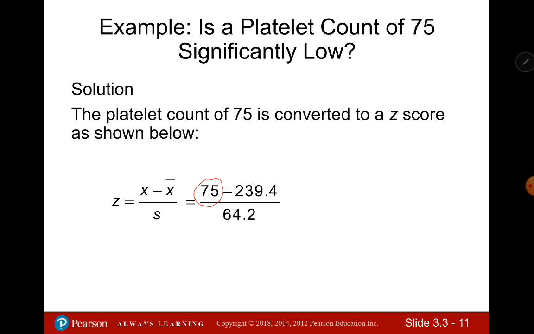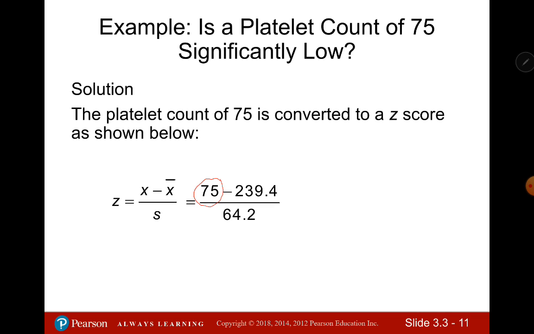Then minus the mean value, here 239.4. I should say lots of students will make a common mistake. They always put the large number minus the smaller number. That's totally wrong. Always make sure to put the x value, the value you want to test, for the first term.